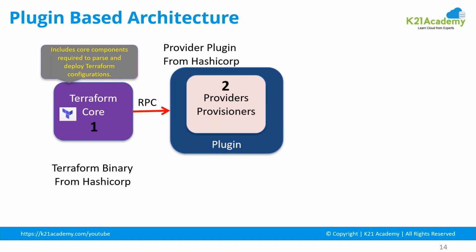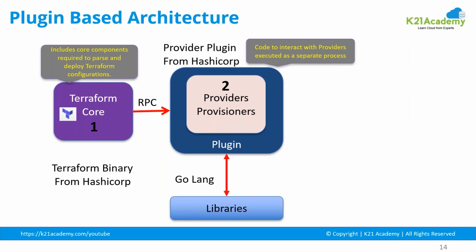What is the use of this plugin? These plugins are basically the ones used to communicate with the resources in the respective cloud provider. That means between my Terraform core, the compiler which I am having, and the resources which I want to create, in between there is a communication channel which is nothing but the plugin, which will get downloaded to your machine, and from there it starts communicating with your cloud provider and the resources in the cloud provider.